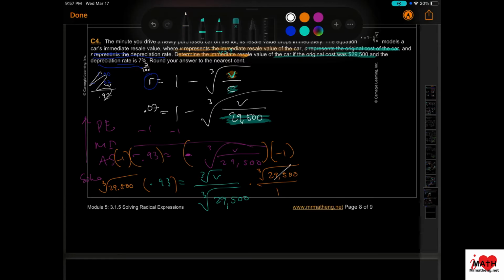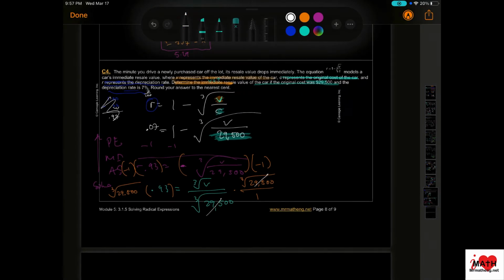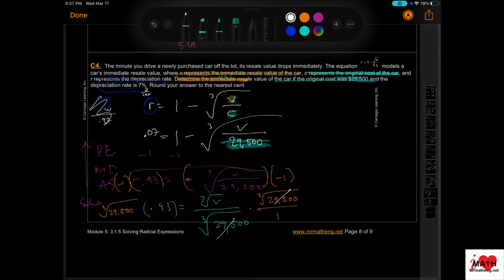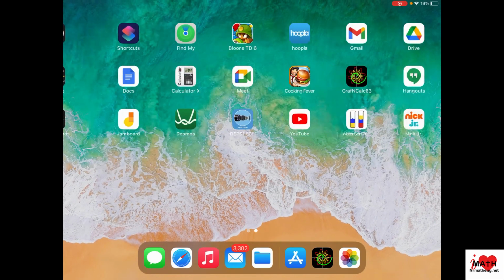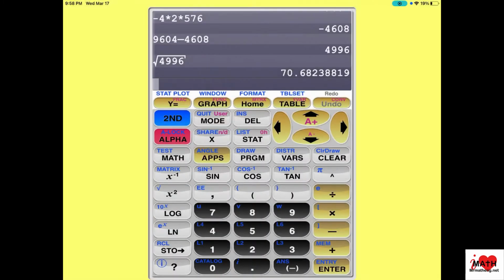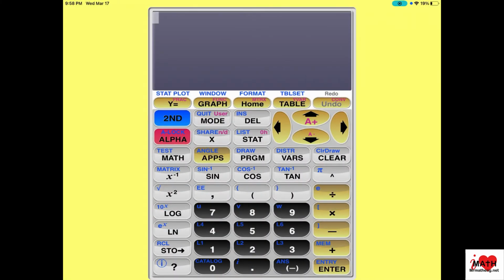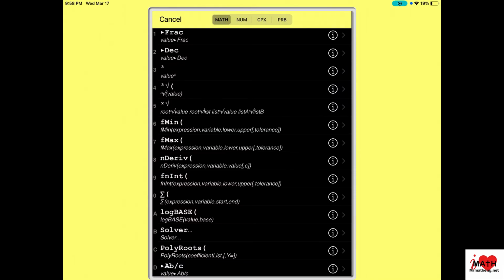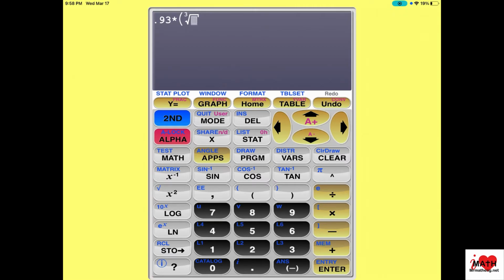Okay, so I got this. And if I put that into my calculator, let me do this with you. Let me take a quick picture, then I can show you using mine. All right, we are going to do 0.93 times the math cube root of 29,500.